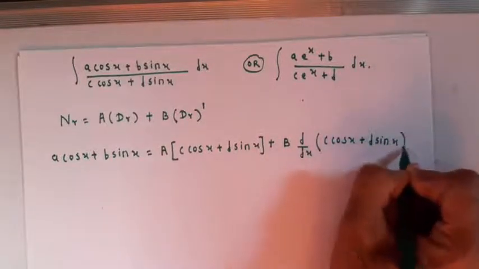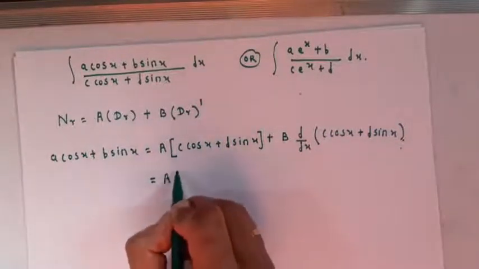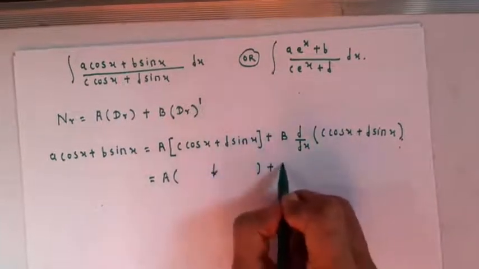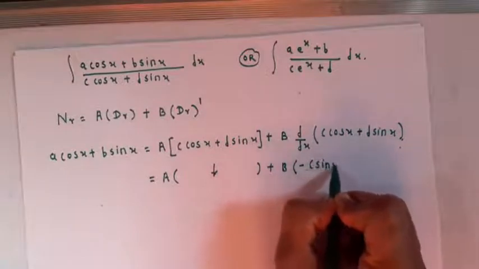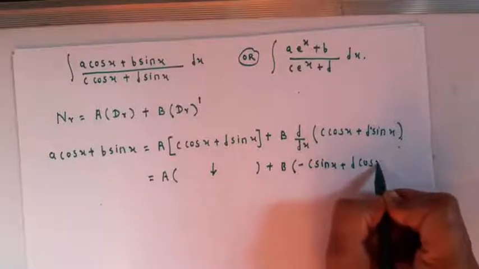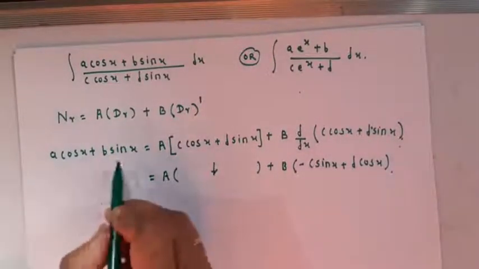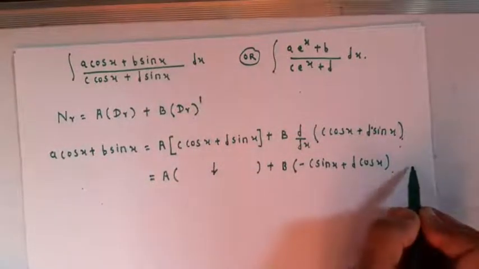Okay students, and now here we will get a into the same term as it is, plus b into (minus c sin x plus d cos x), and this is equal to a cos x plus b sin x. So now we have LHS and we have RHS.